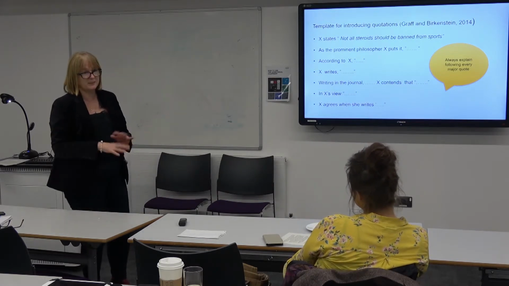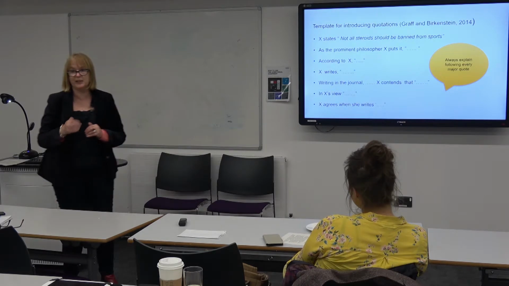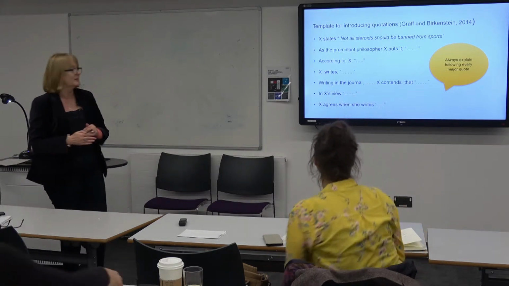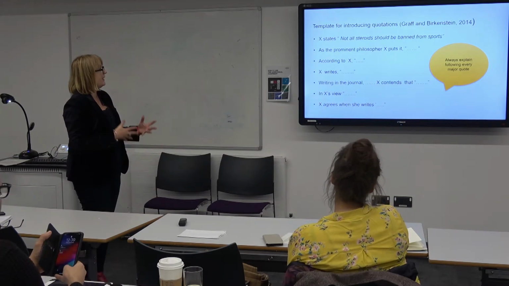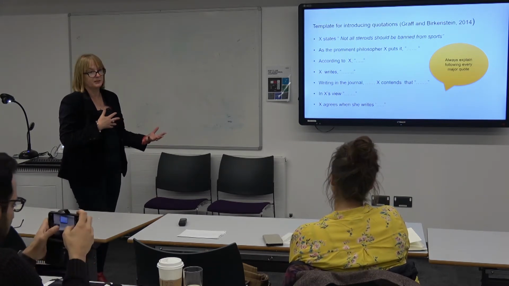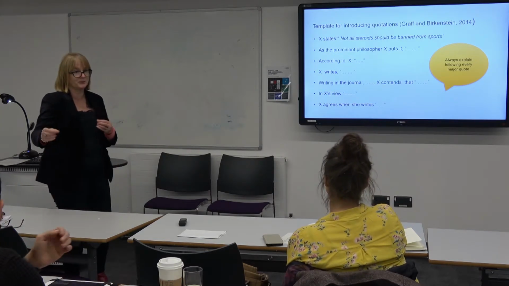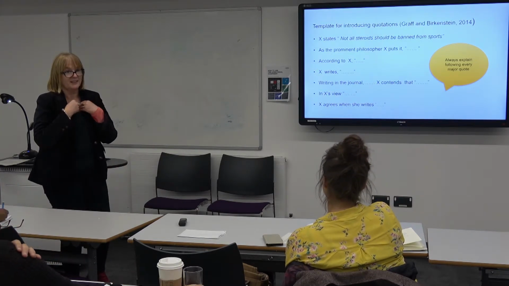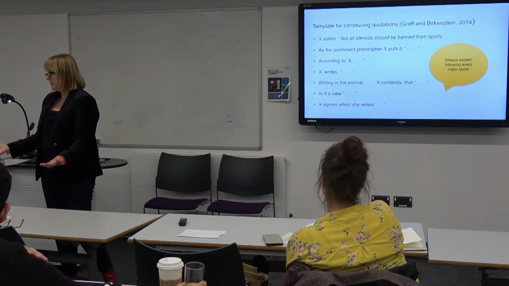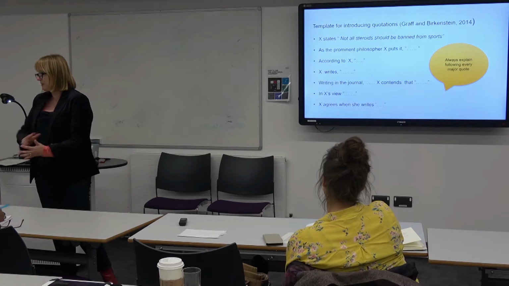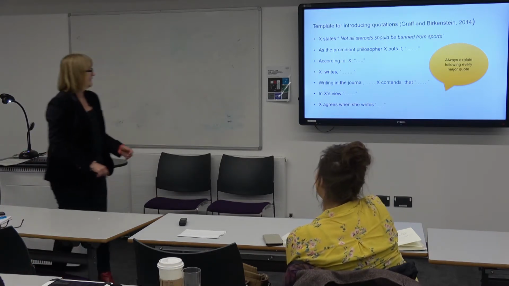It's in the library, it's available online, and it's got lots of really helpful templates for writers. One of the chapters is about how you introduce quotations, and then you should always express afterwards, well, I don't know, is this up for debate? But you should say what you understand by that quote rather than just stick it in and hope for the best.